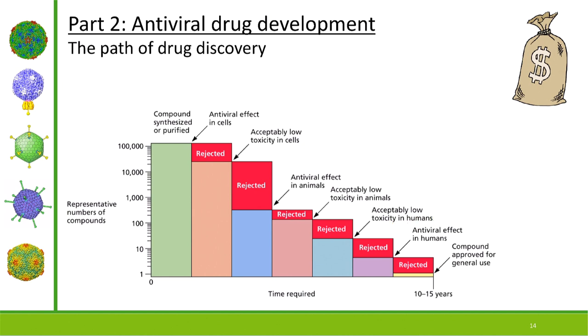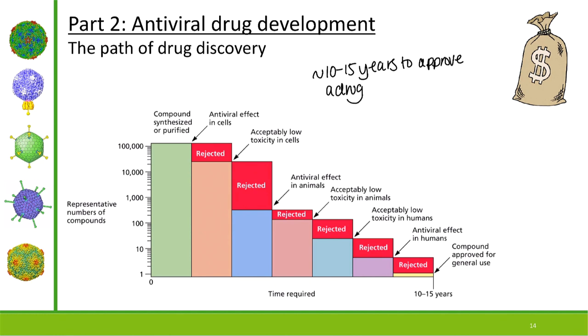So we have to look at toxicity in humans, antiviral effects, and then 10 to 15 years later, you can see this tiny little sliver of compounds that has been approved for general use. So this, as you can see, takes about 10 to 15 years to approve a drug.